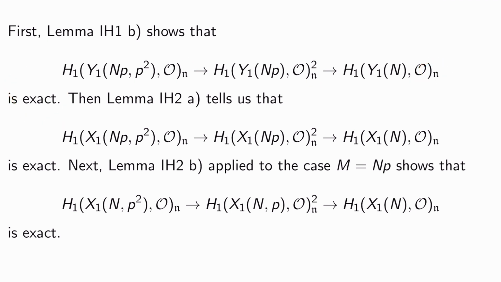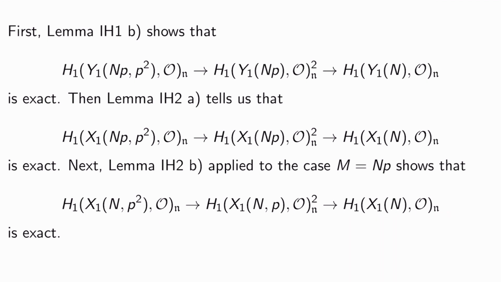You take that and you apply lemma IH2 part A to find that H1X1 NPP squared O localized at n to H1X1 NPO squared localized at n to H1X1 NO localized at n is exact. Then you go to lemma IH2 part B. You apply that to this result in the case where m equals np to show that H1X1 NP squared O localized at n to H1X1 NPO squared localized at n to H1X1 NO localized at n is exact.